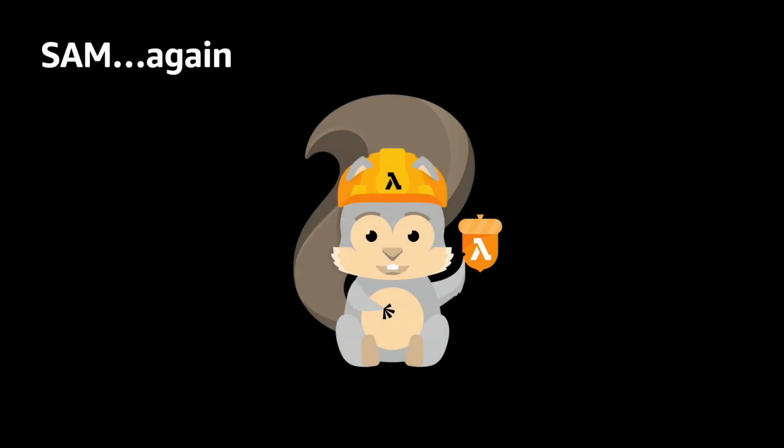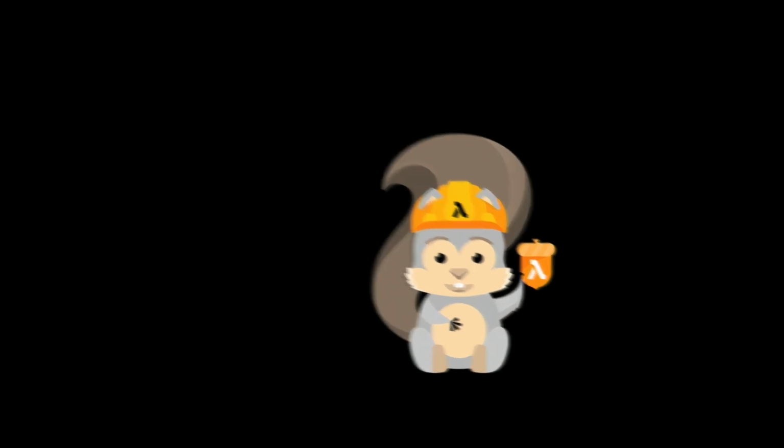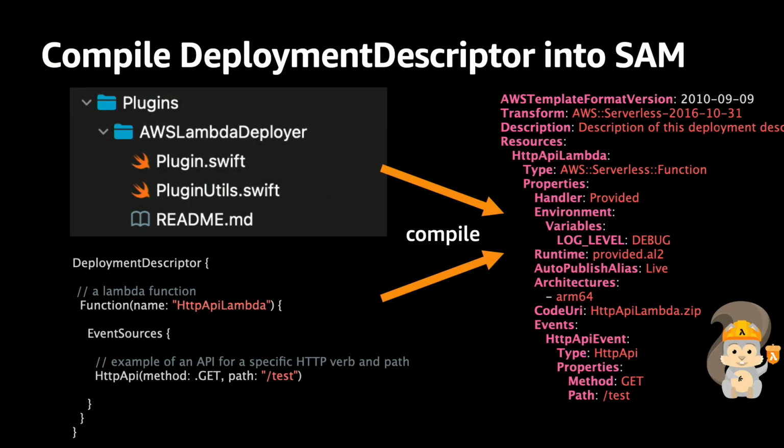So how does it work behind the scenes? Again, I'm using SAM. The plugin detects and reads your deploy.swift deployment descriptor. It will dynamically compile that file and generate a YAML SAM deployment descriptor. The YAML file stays there in your project, so if you want to modify it, it will not be overwritten by the plugin, so you can enrich it unless you force the plugin to overwrite it.